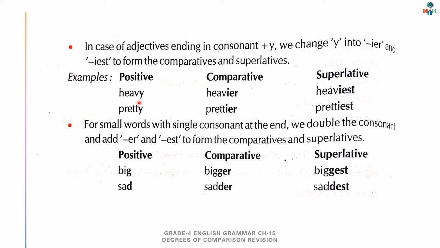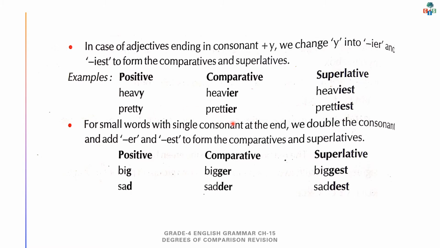This positive degree ends in consonant plus Y. See, the last letter is Y and before this letter V is there. It is a consonant. So we will drop Y to form comparative degree and add IER. Heavy, heavier, and for superlative degree IEST, heaviest.